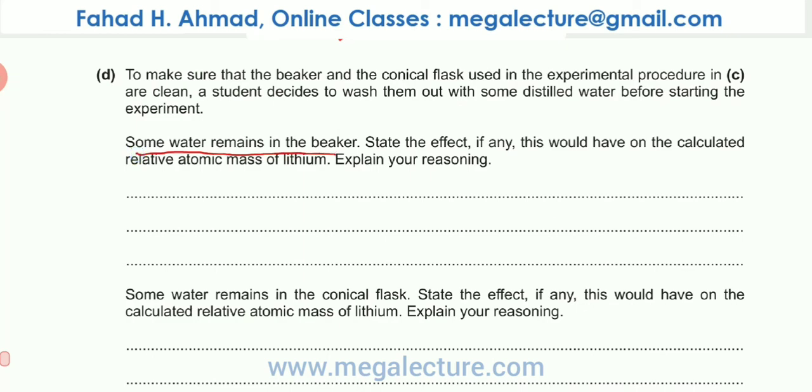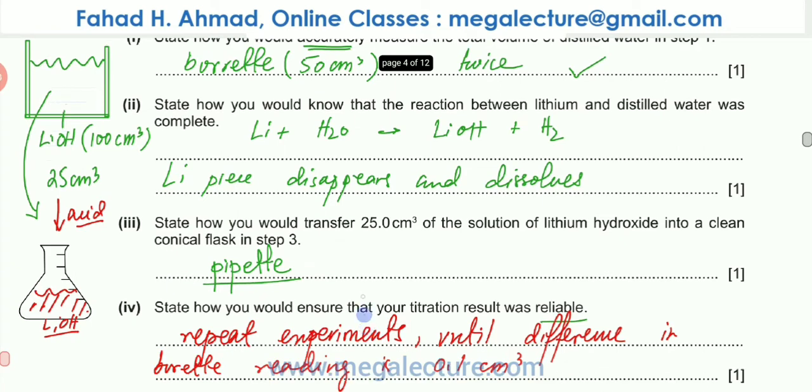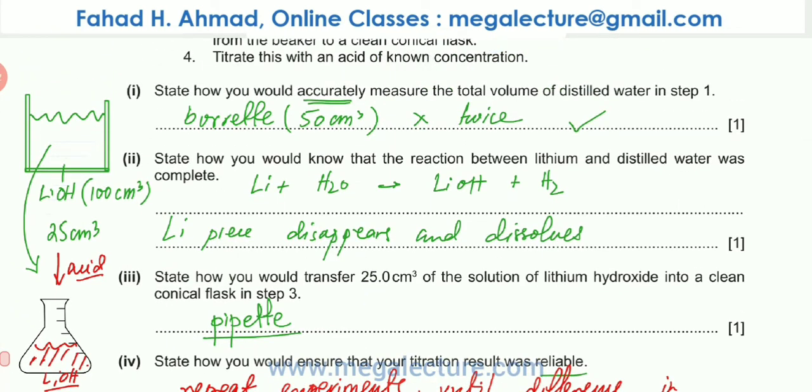So, the amount of water that you're adding, let's go back and have a look. You were supposed to add 100 cm3 of water in this beaker, and you were supposed to add lithium metal to this beaker. Now the solution that's going to be produced would be 100 cm3. But if there is some water remaining, the only error is that the solution you have is going to have more water in it.